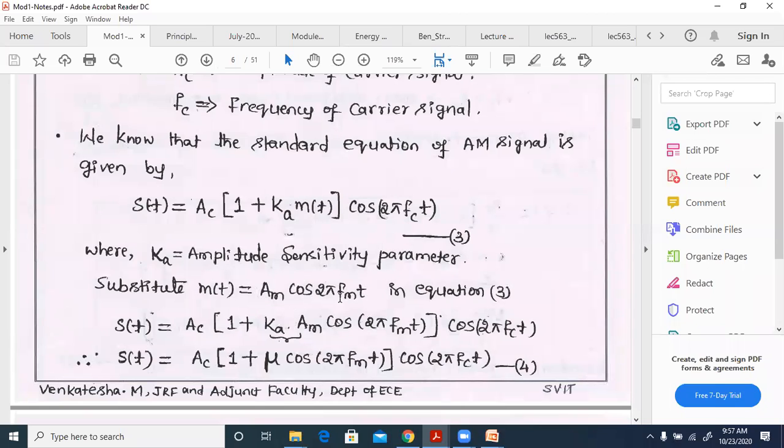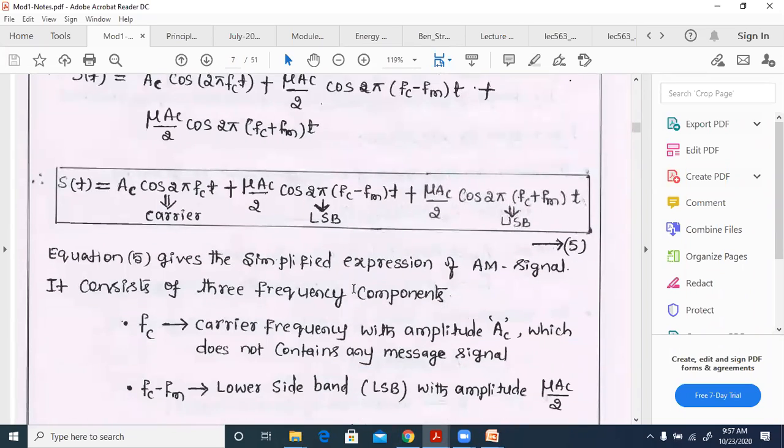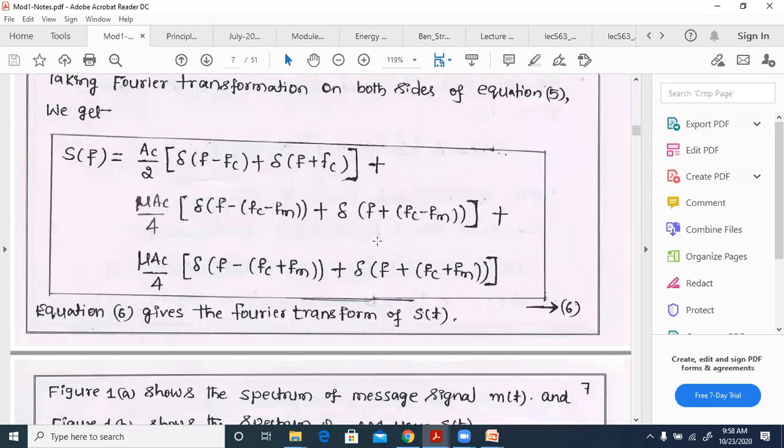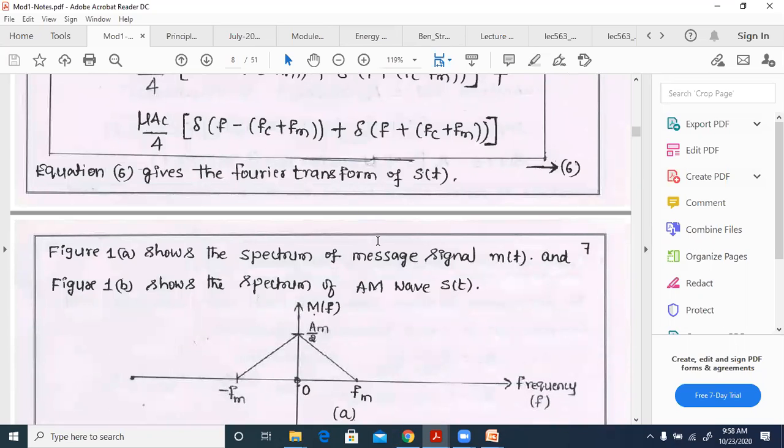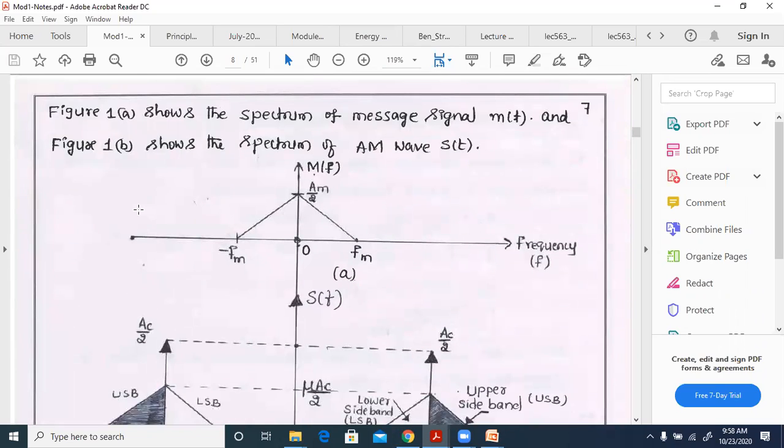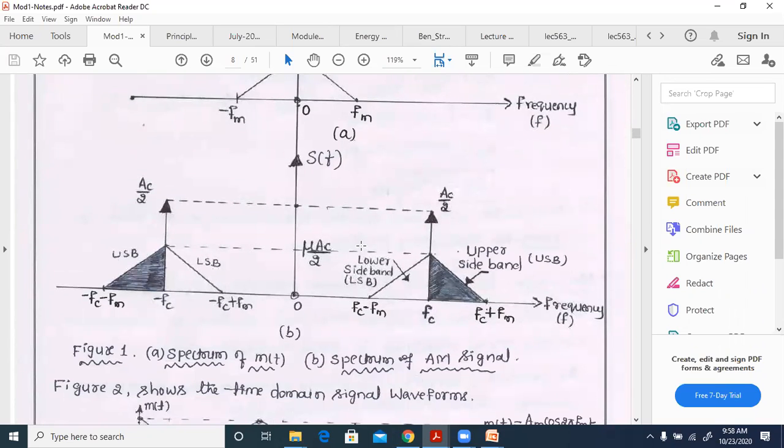When we write a single frequency, you write the LSB with mu Ac by 2 and the USB with mu Ac by 2, and the carrier with Ac both on the negative and positive axis. The figure is not written corresponding to that. But this is a more general term wherein we take the value of m(t) in general. Otherwise, for single tone, you need to write just a single lower sideband and a single upper sideband. Okay, you can do that.